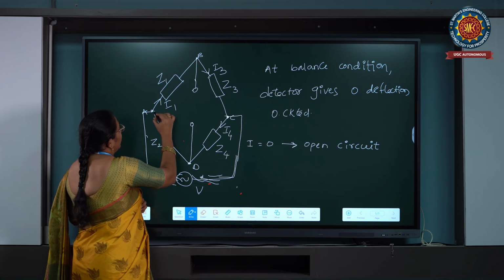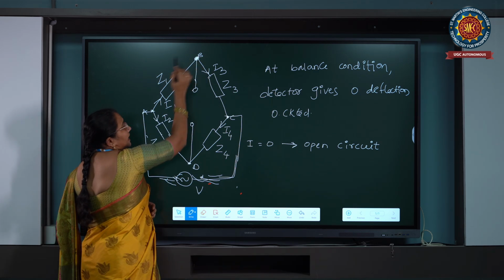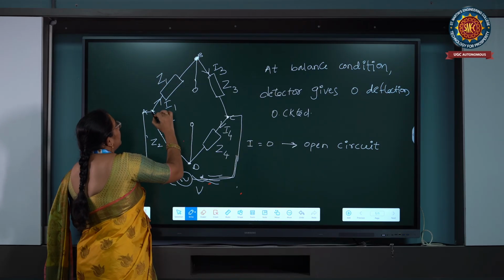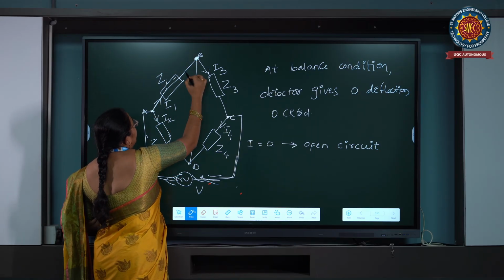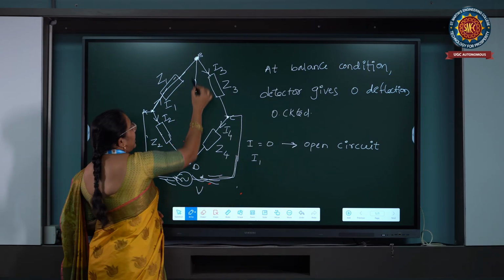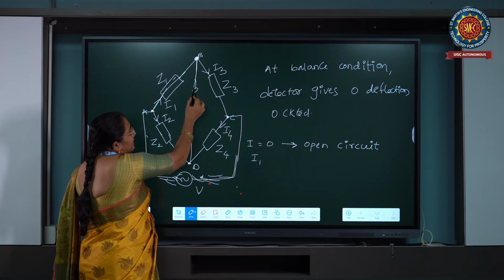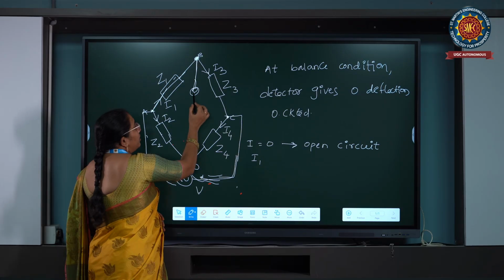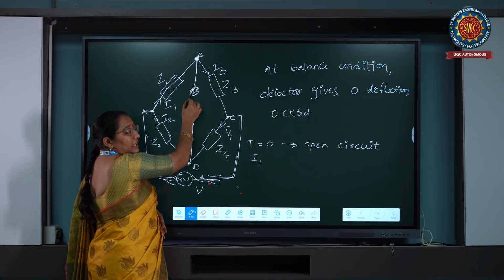See here, here we are considering a node, right? B. So here incoming current is what? Incoming current is I1. And here this branch gets opened, right? So there is no current flows through this branch.